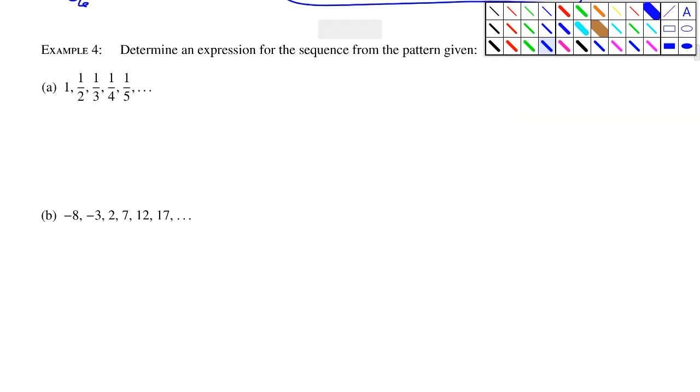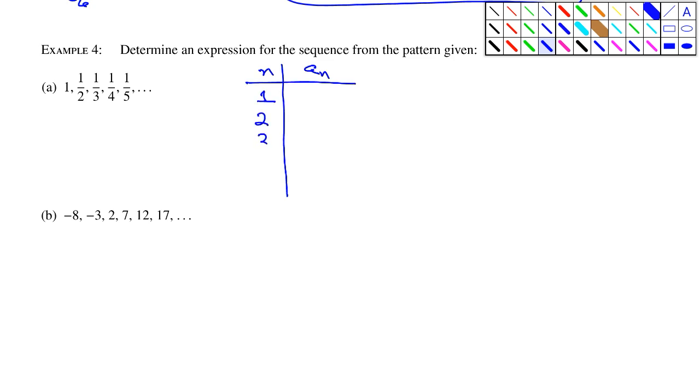Example 4. Determine an expression for the sequence that gives the following pattern. Alright, so our first one is 1, then 1/2, 1/3, 1/4, 1/5. So basically what you're trying to fit is a sequence, a sub n, that matches the following data.